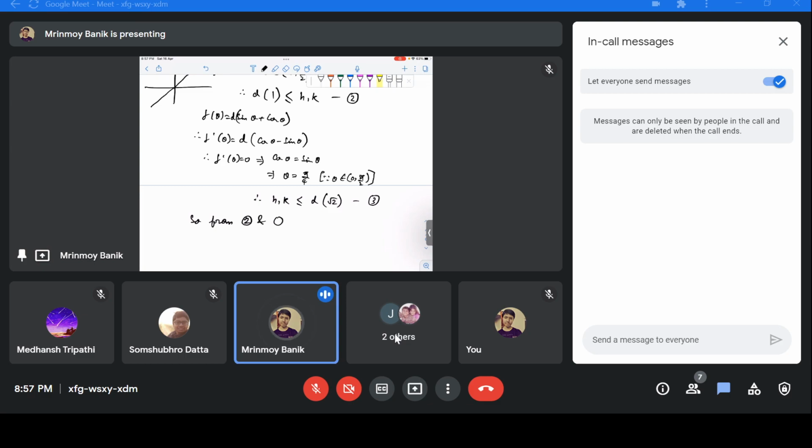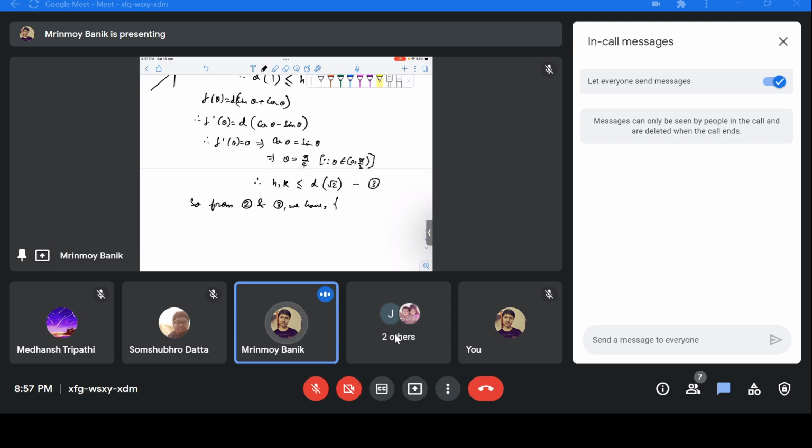From 2 and 3 we have, you need to find the locus of P, right? So the locus of P is x equals y, such that x is inside (1, root 2).